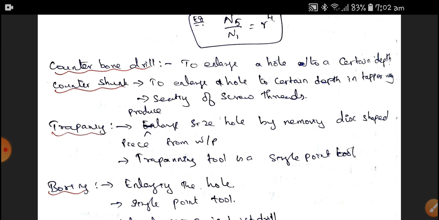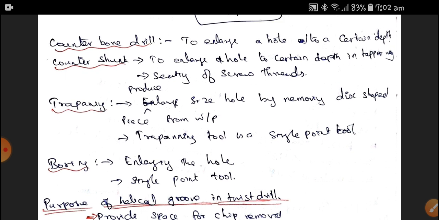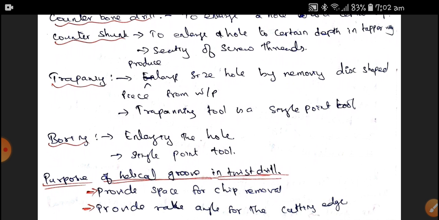When we are seeing false ceilings, we want to accommodate a light on the ceiling. What we can do is use a single point tool and cut a big disc type shape, and that disc shape can be removed by means of a trepanning tool. Next is boring. Boring operation is for enlarging the hole, and here also a single point cutting tool is used. For boring and trepanning in the drilling machine process, we are using a single point cutting tool.